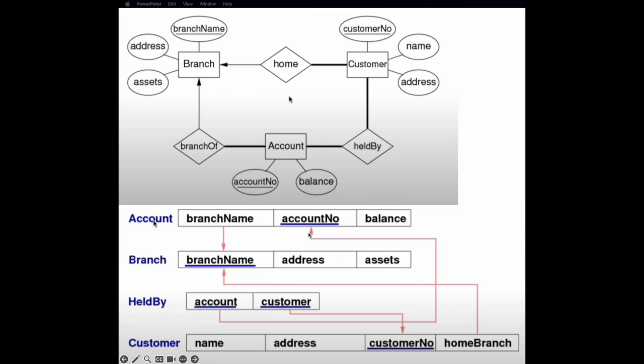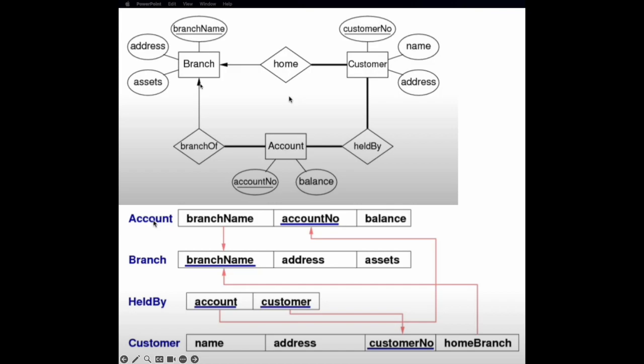And notice how the reverse can happen as well. Say we have an account and we go into the held by relation, and that account could have multiple customers. So there could be multiple examples of that account number, and they could be lined up with different customers. And then we could just get more information on each customer that owns that particular account.